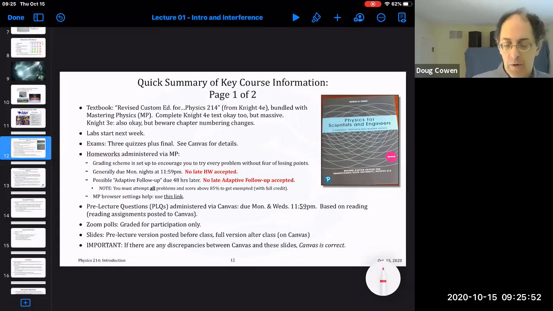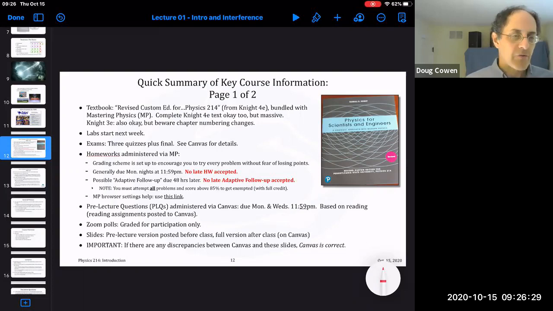If you work through the questions and you've gotten 85% and you say, okay, I'm done, I'm going to go off and do something else, and you don't even look at the other 15%, Mastering Physics is going to say, this person has to do the adaptive follow-up because they didn't try all the problems. That's just the way Mastering Physics is set up. That's not the way I would have set it up if I had the choice, but that's the way they do it. So just be warned that you need to try all the problems if you want to get exempted from the adaptive follow-up after getting 85% or more.